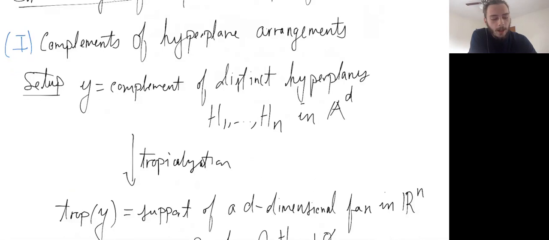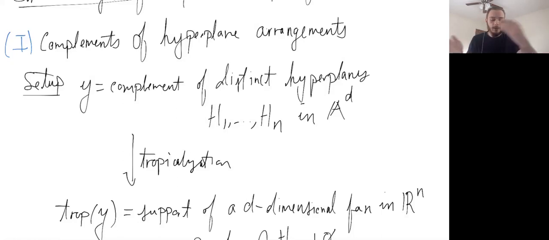And then what I would like to do is find a compactification of Y that is described by some sort of combinatorial data. And the data that I am interested in is encoded in what's called the tropicalization of Y.